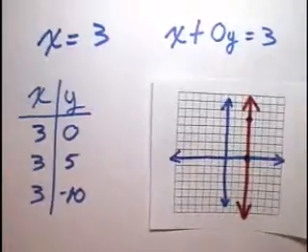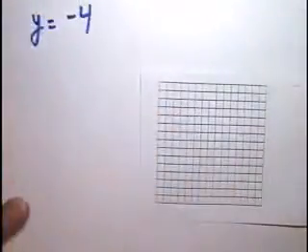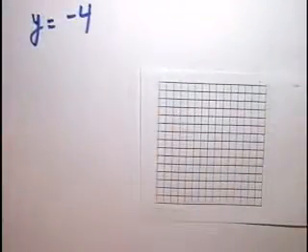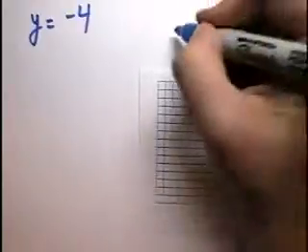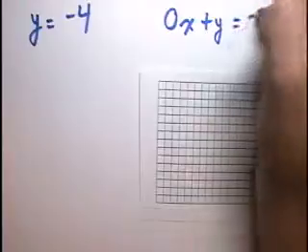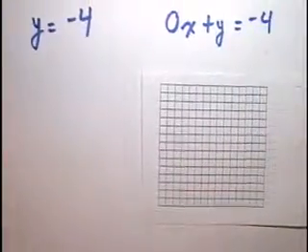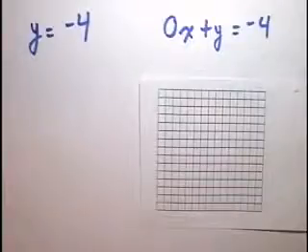Let's look at an equation where we have y as some value. For instance, y equals a negative 4. Again, there's no x in this linear equation, but I could have the equation 0x plus y equals negative 4. What I'm saying is that no matter what value I have for x, my y value has got to be equal to negative 4.